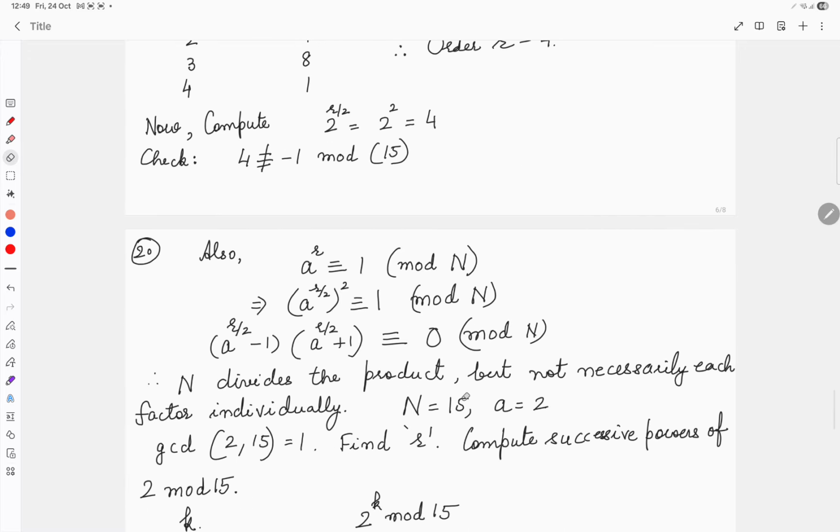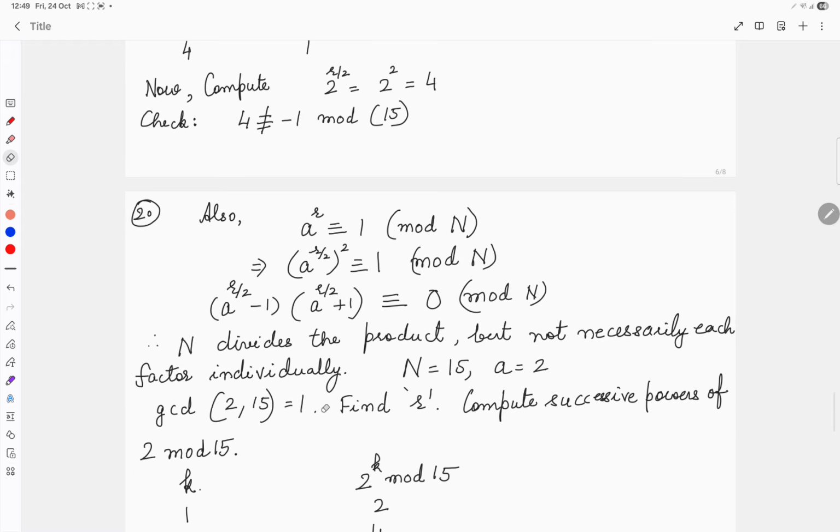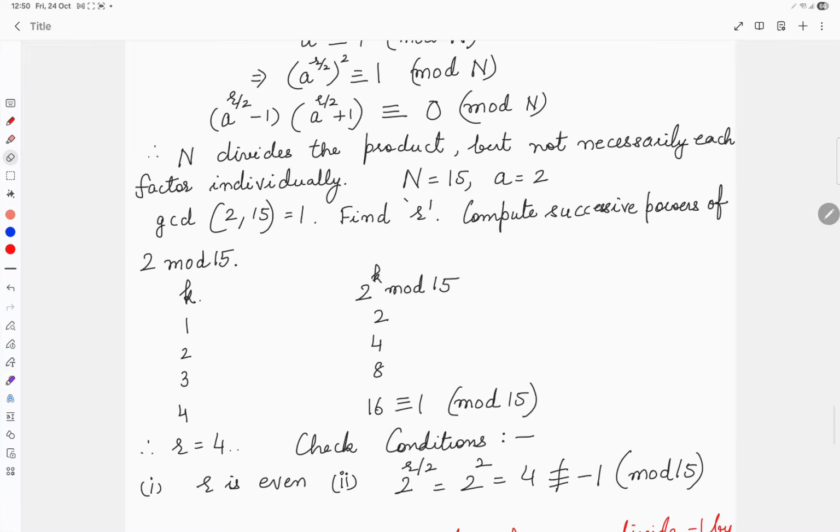So capital N divides the product, but not necessarily each factor individually, like a to the power r by 2 minus 1 or a to the power r by 2 plus 1. Let us now do the full example actually.